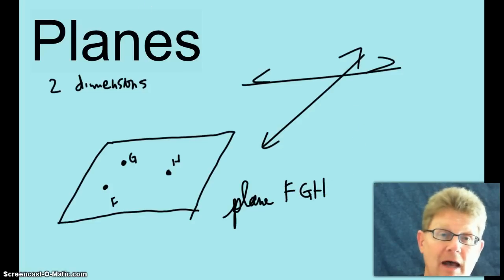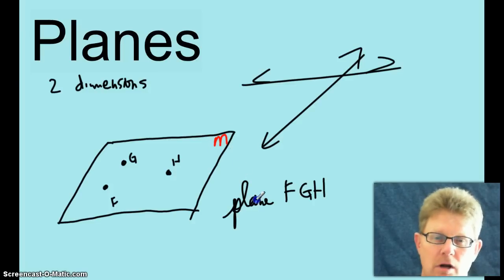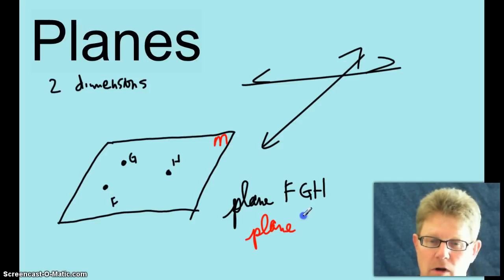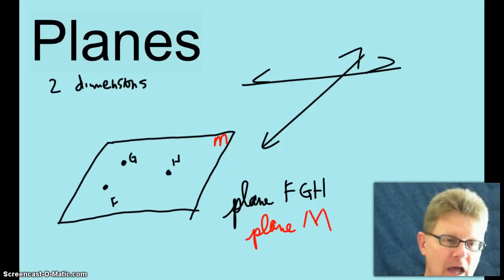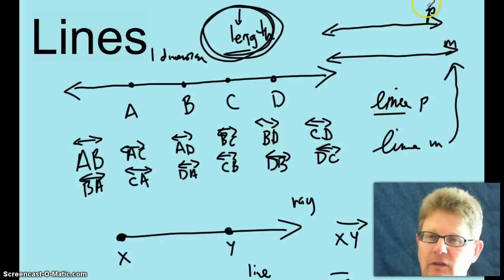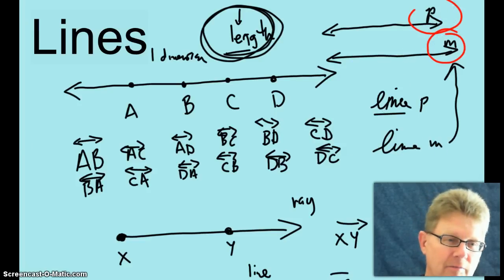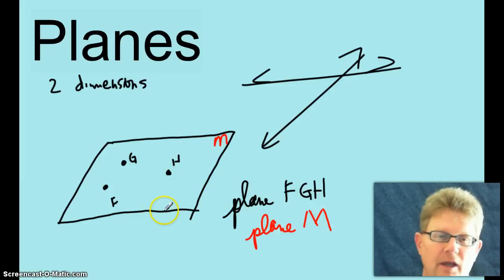Or there may be a possibility that over in the corner, with no point associated with it, it's just written in the corner, we might be able to name that plane just by using that letter in the corner, capital M. Kind of like what we did with the lines, where we used a lowercase letter to name a line. Kind of like that, but we're using an uppercase letter to name a plane. And those are the 3 building blocks of points, lines, and planes.